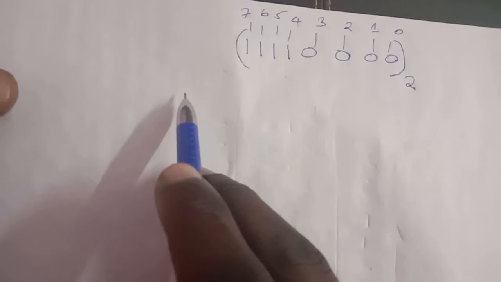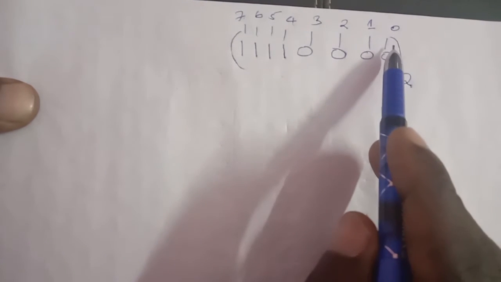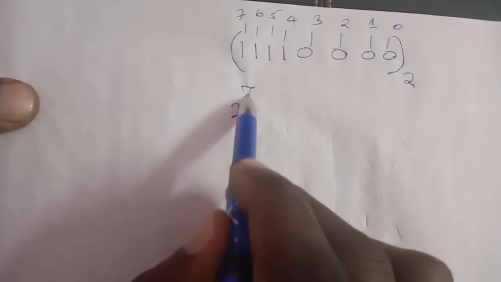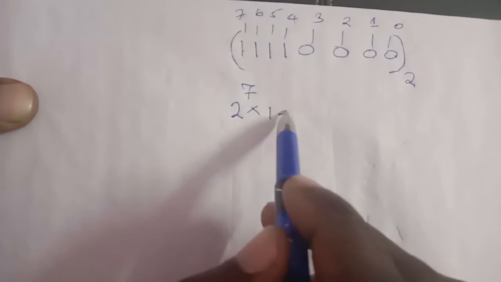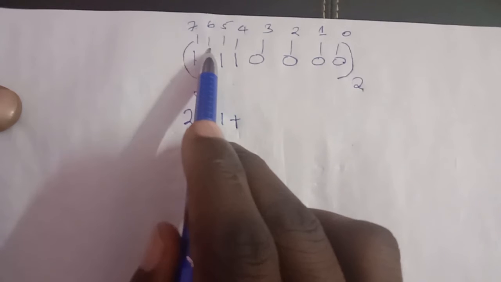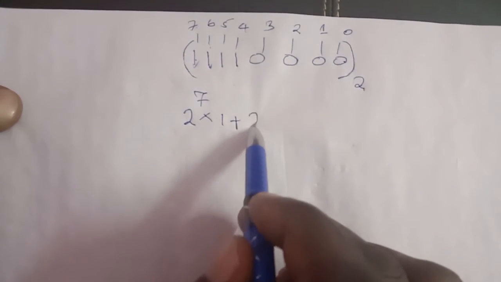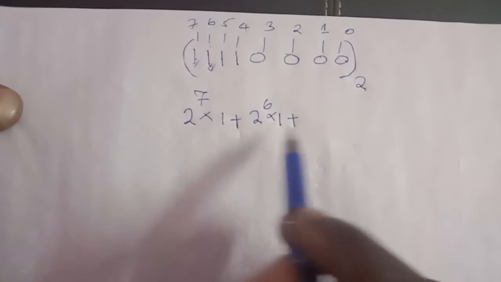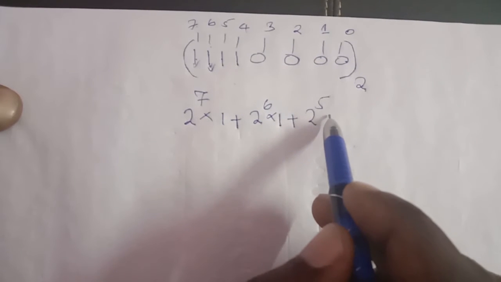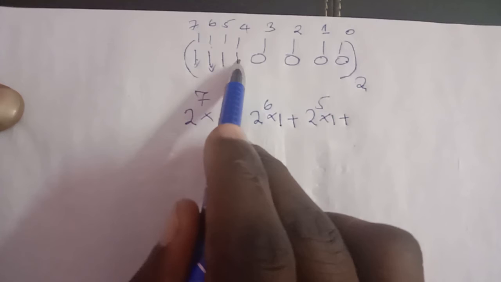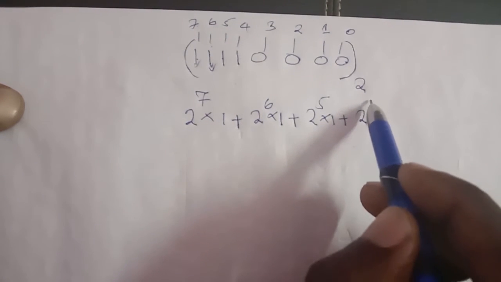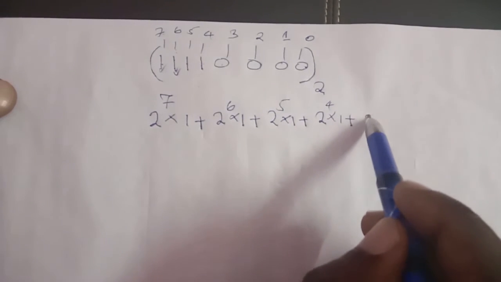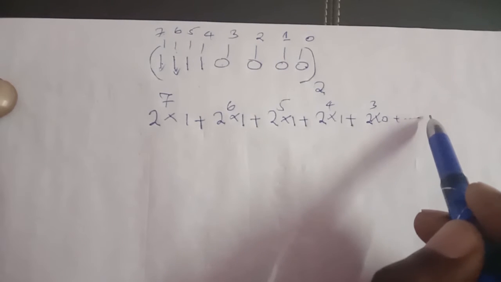In order to convert this number into a decimal number, you start by taking this one, 2, which is binary, power 7 times 1, plus the next one, 2 power 6 times 1, plus 2 power 5 times 1, plus 2 power 4 times 1, then plus 2 power 3 times 0, until you reach the end.